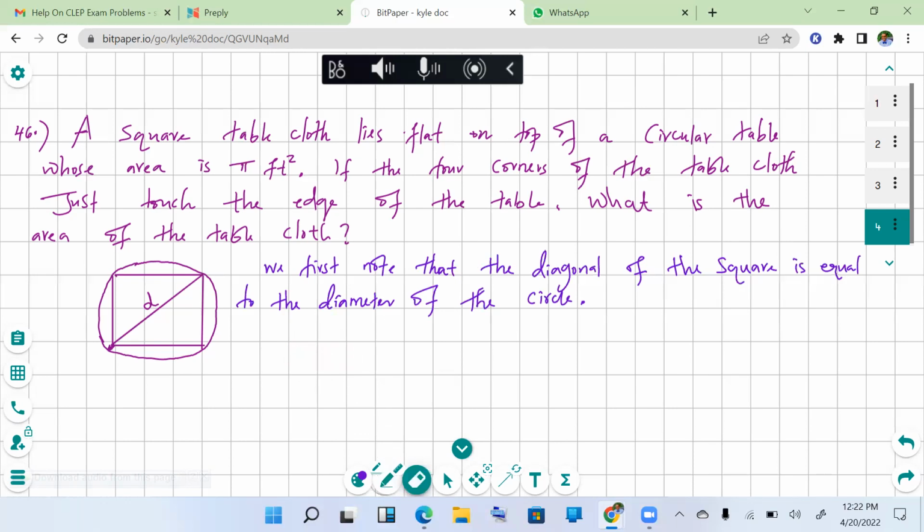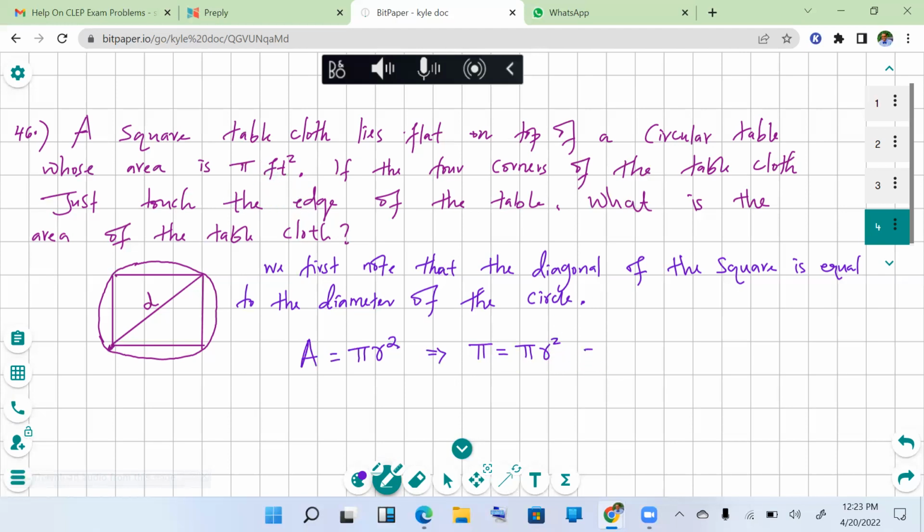The area of the circle is usually given by pi r squared. Now, since the area is already pi, this means that pi is equal to pi r squared, because the area is already pi square feet.